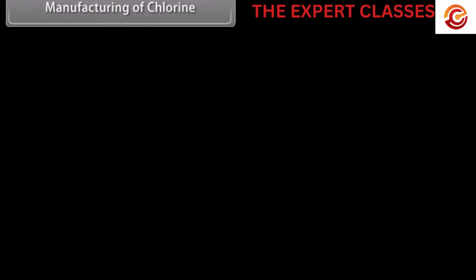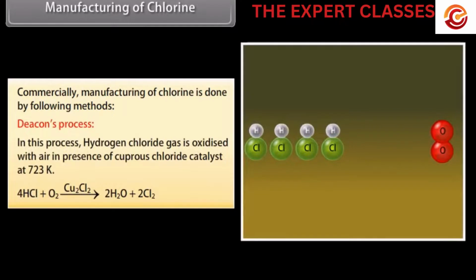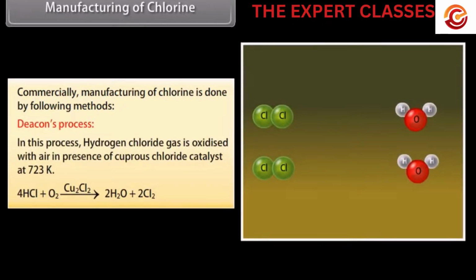Manufacturing of chlorine. Commercially, manufacturing of chlorine is done by the following methods. Deacon's process: hydrogen chloride gas is oxidized with air in presence of cuprous chloride catalyst at 723 Kelvin.